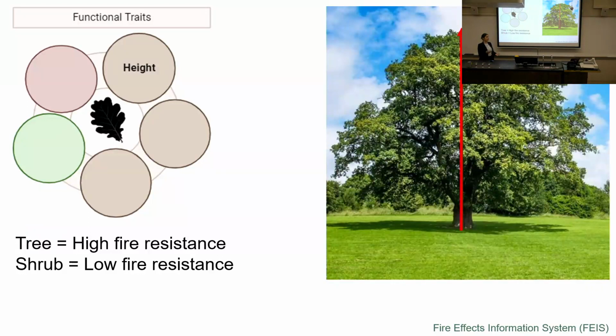The mature height that the plant will grow to in its lifetime, and just measured. So something like a tree would be of higher fire resistance because of that ability to simply avoid the fire, versus something like a shrub species is not going to be able to do much avoiding if fire is to come through. So that is more related to lower fire resistance in our measure.